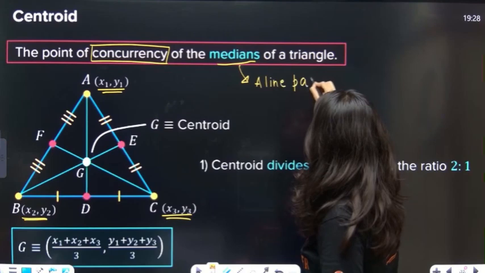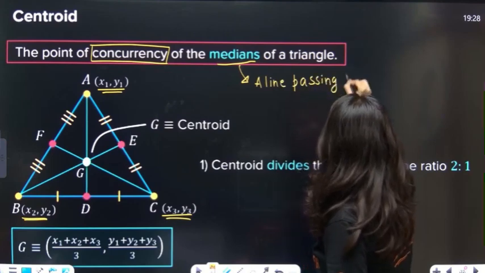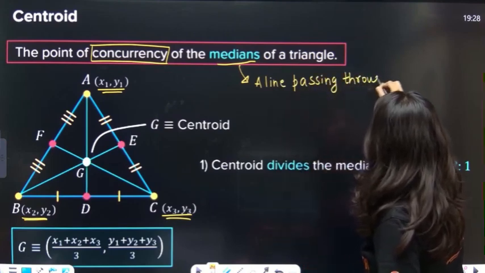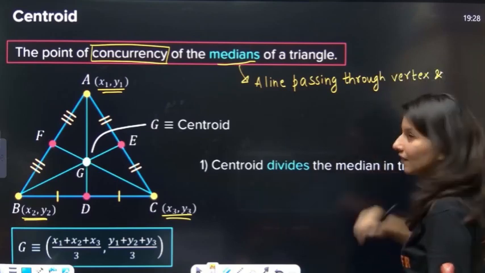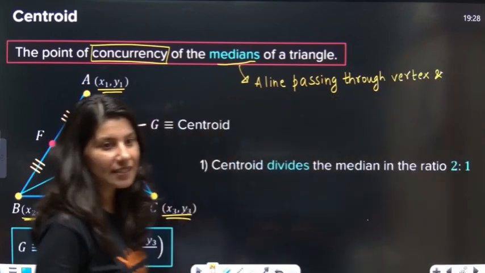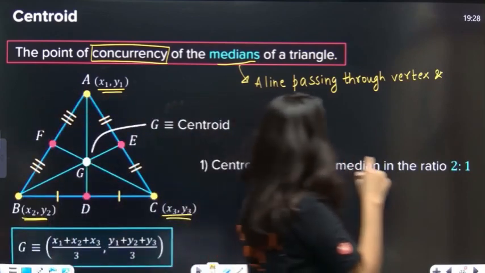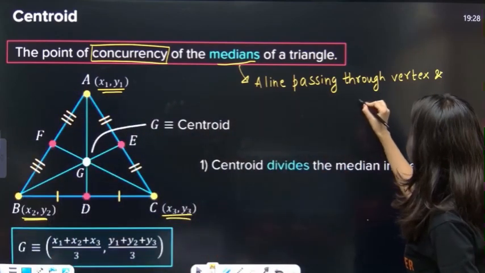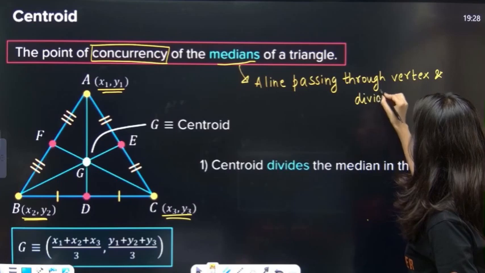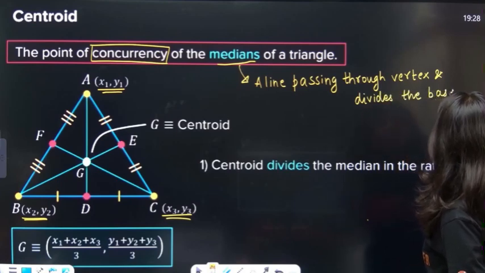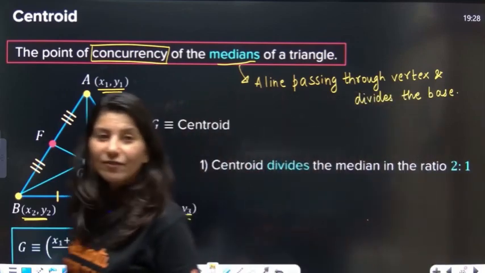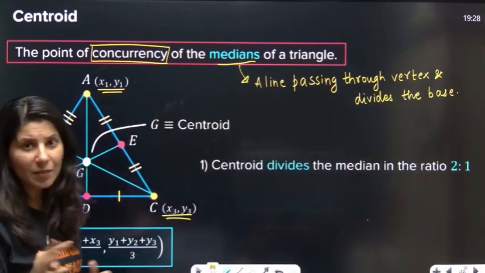passing through a vertex and dividing the base. If I have to draw a median, there will be 3 medians in a triangle.